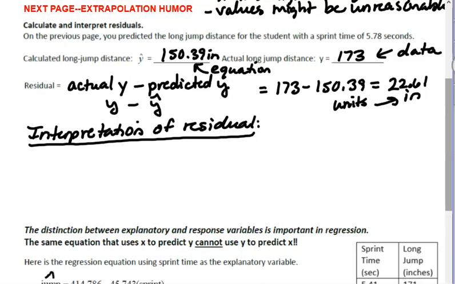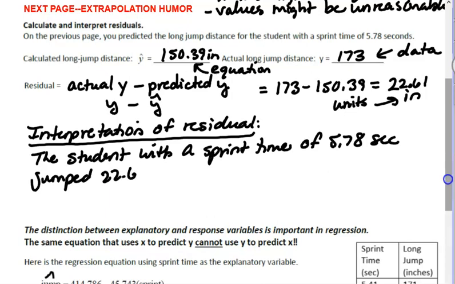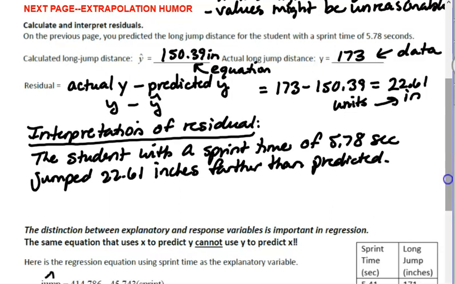So the student with a sprint time of 5.78 seconds jumped 22.61 inches farther than predicted.